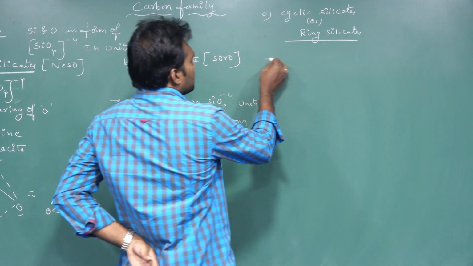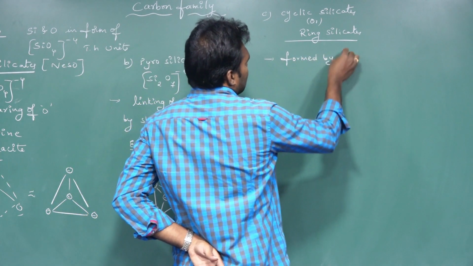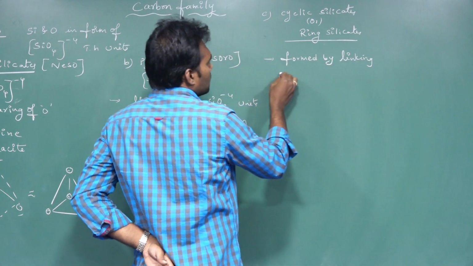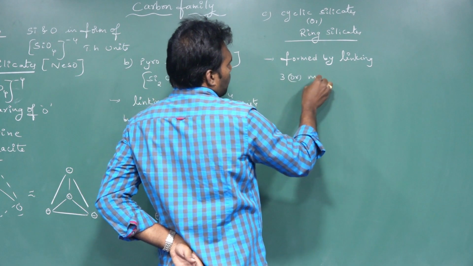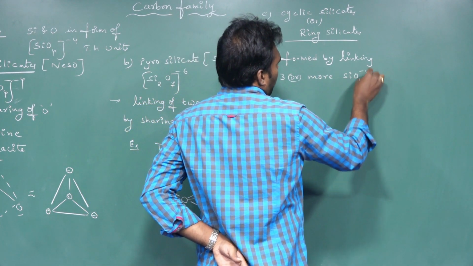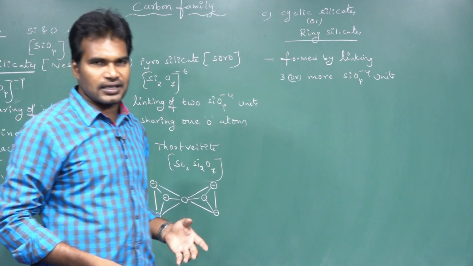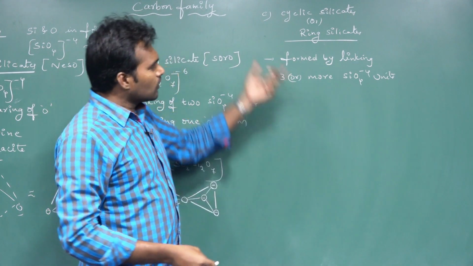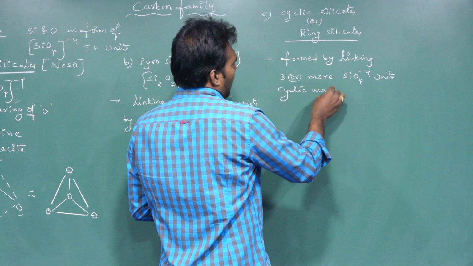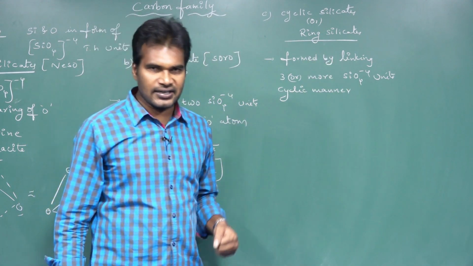So these silicates are formed by linking or joining 3 or more SiO4 minus 4 units cyclically, and they form this cyclic structure or ring silicates.